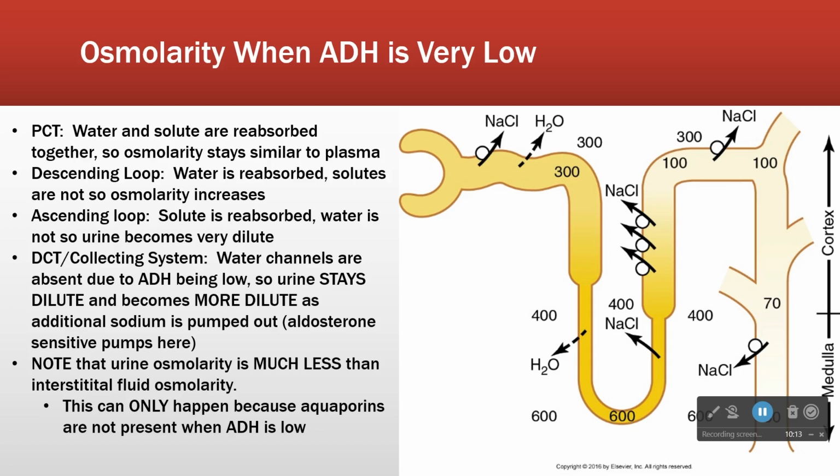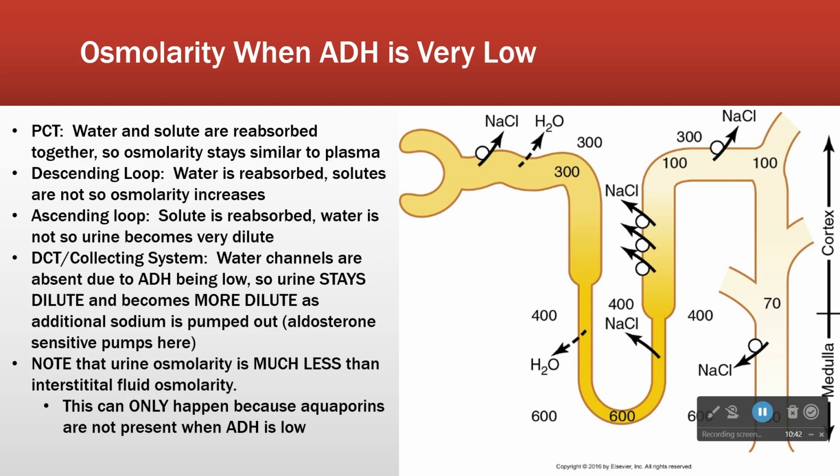Well, we have this very low osmolarity, but the water can't leave. So we're going to have urine that has a very low osmolarity, just like we saw in our first diagram. So when ADH is low, we create a lot of urine that has a low osmolarity because our dilute urine, the water in it, is trapped by the absence of ADH.